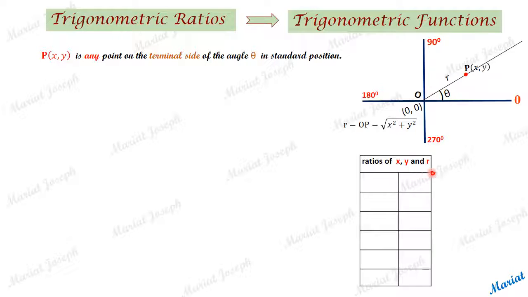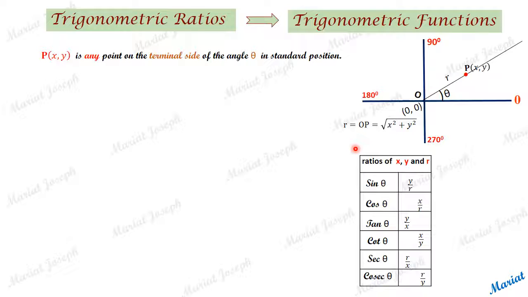Ratios of x, y and R. The possible ratios are y upon r, x upon r, y upon x, x by y, r by x and r by y. These are the six possible ratios. They are respectively named sin theta, cos theta, tan theta, cot theta, sec theta and cosec theta.